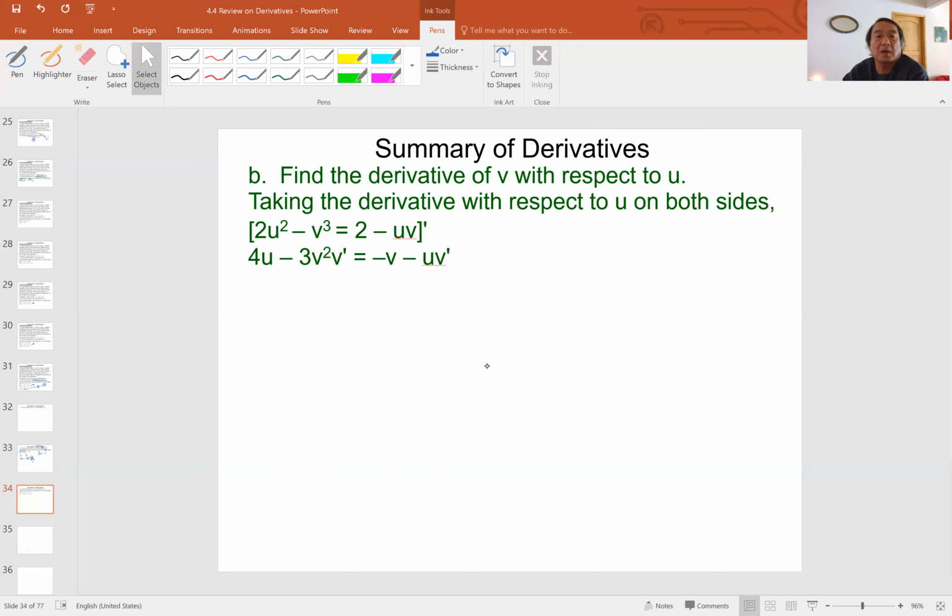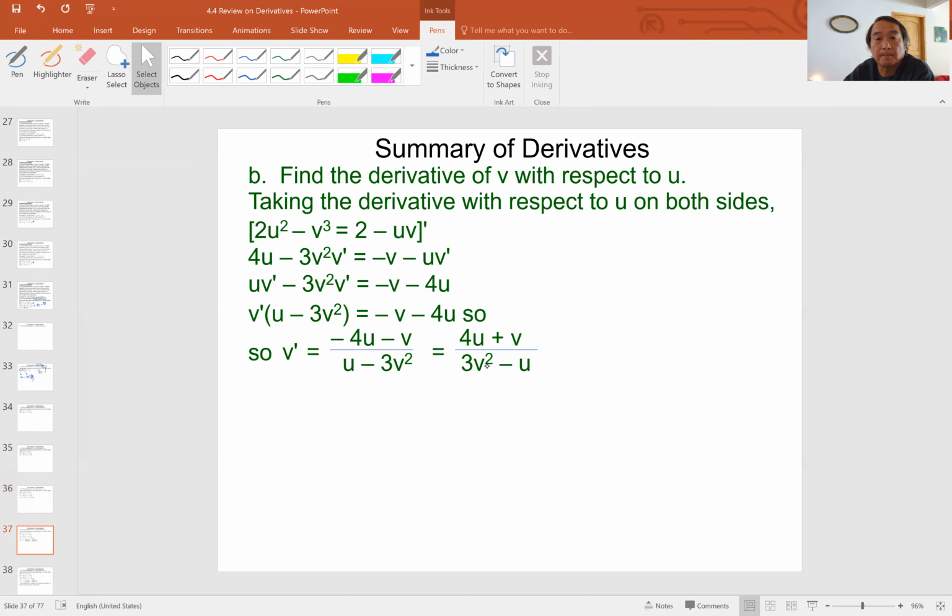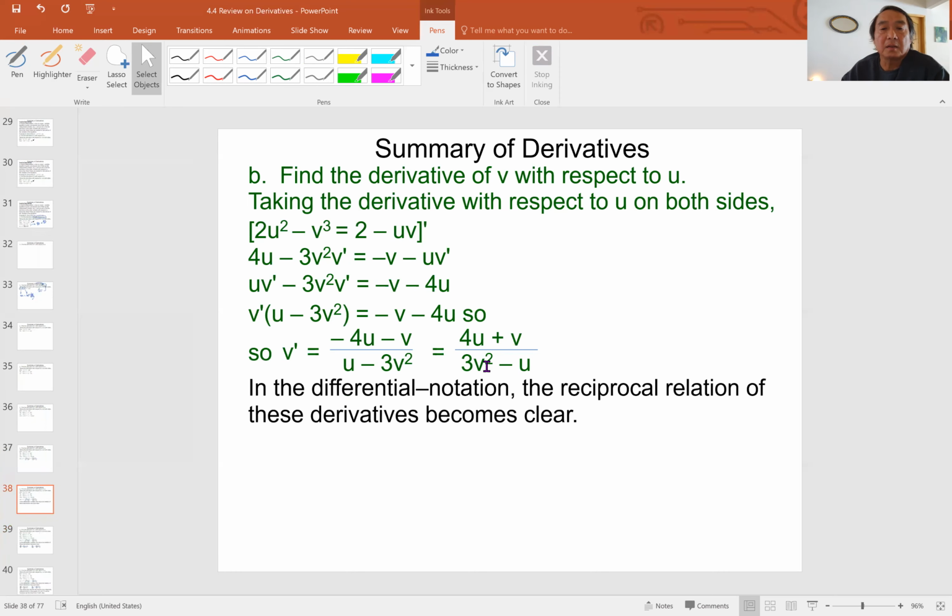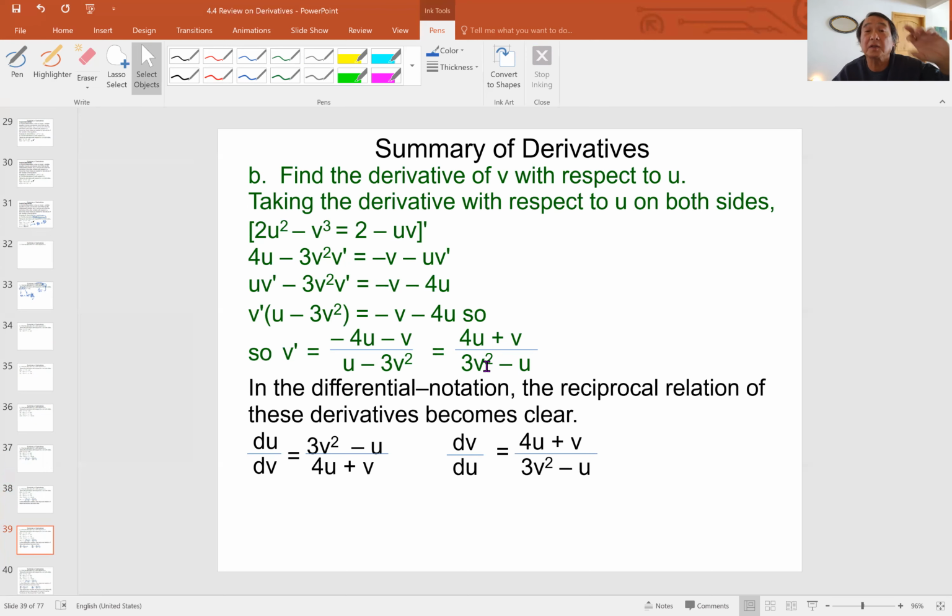In other words, I have these. And now I'll solve for V prime, dV/du. Okay. And notice, if you compare this with the last answers in A, it's a reciprocal of the other answers. And of course, du/dV, if you view it as fractions, as a ratio, I can turn around as dV/du, and it's just reciprocal.